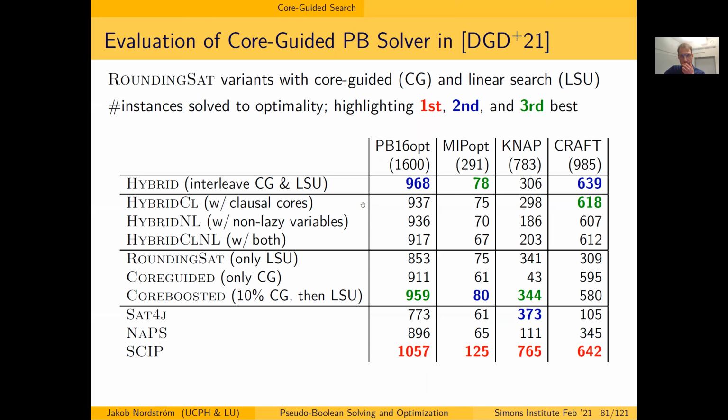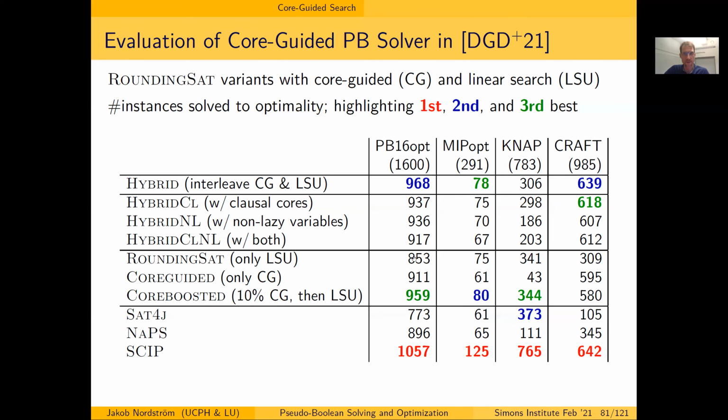And we can see that the hybrid solver overall performed very well on these benchmarks compared to the RoundingSat version that we had before that only does linear search.